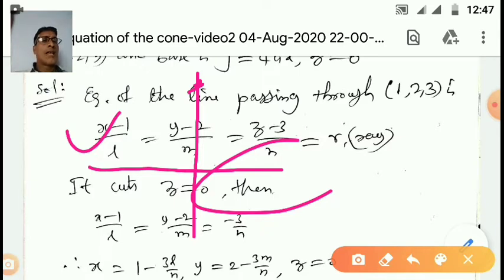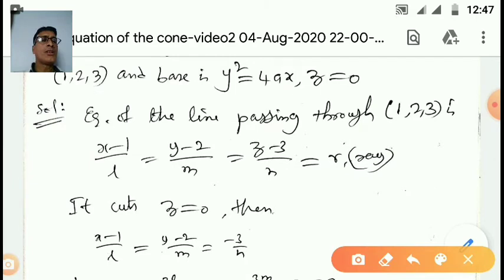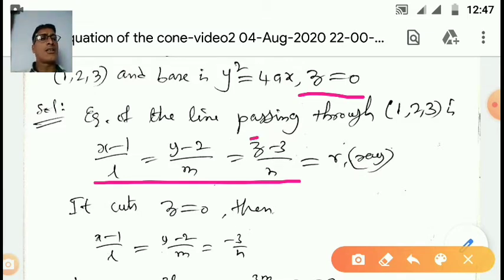We can easily see that the generator intersects the base curve. So since the generator intersects the base curve, first let us take z = 0.